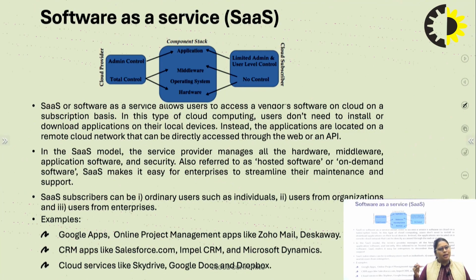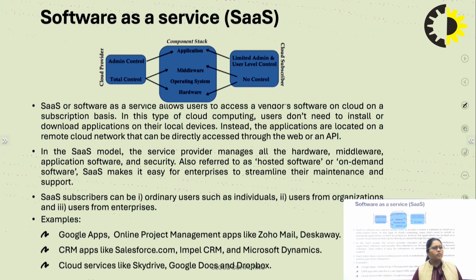So, we can say Google Sheets is a type of software as a service used by the consumer, and who provides these services? It is provided by the cloud provider and it is also managed by the provider only. The consumer will not manage the SaaS services.